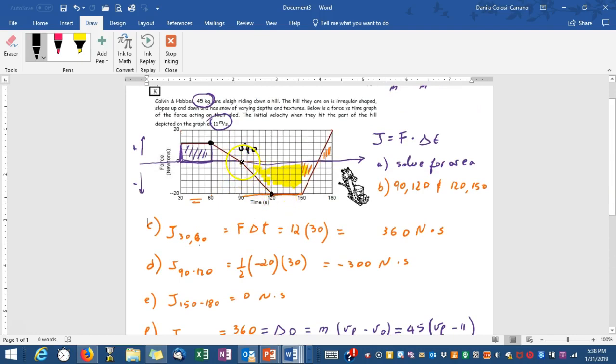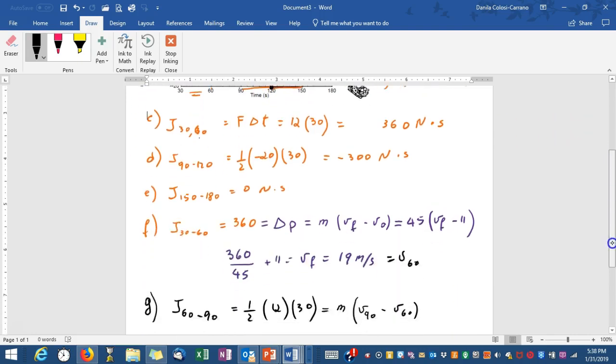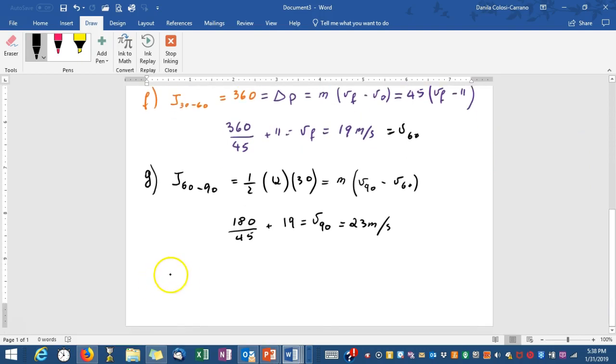If we consider this 23 we just found, we can solve again, knowing this impulse over here. We can consider this one as the final velocity and finally answer the question they were asking.